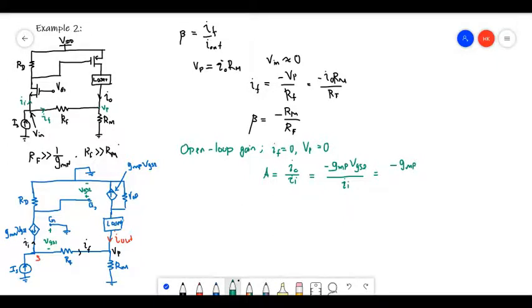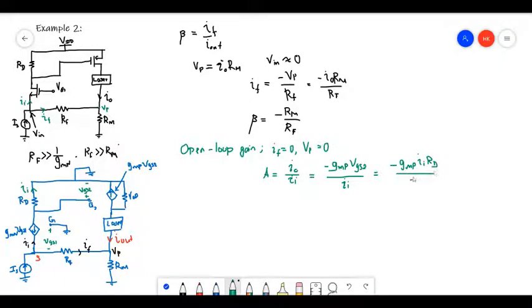VGS2 is actually the voltage across this RD resistor. If you look at this carefully, it is the voltage across this RD resistor. Through this RD resistor the current I flows, so its voltage is I RD.